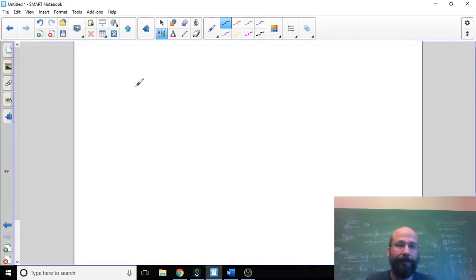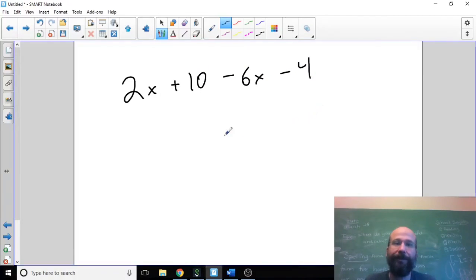One more, like this: 2x plus 10 minus 6x minus 4. So we look at this problem, and we see that there's an x and an x. So we can combine these two because they both have the same variable. 2x minus 6x gives us negative 4x.